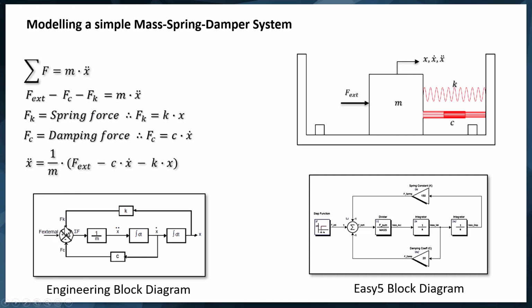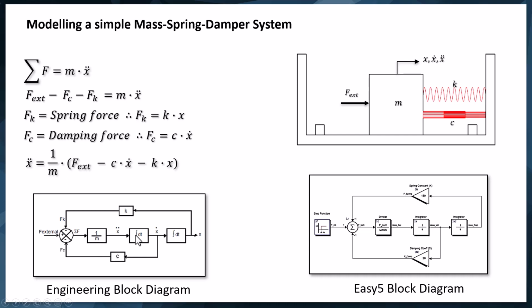So we have a summing block with the external force coming in and the force from the spring being subtracted and the force from the damper being subtracted. So the resultant force is then applied to the mass, and what we get out then is acceleration.